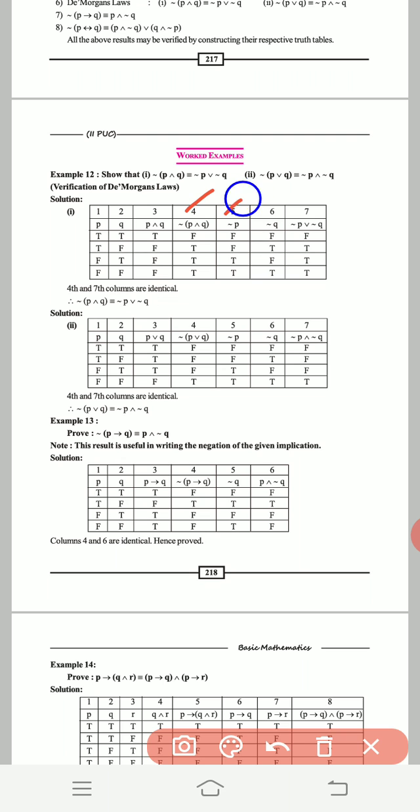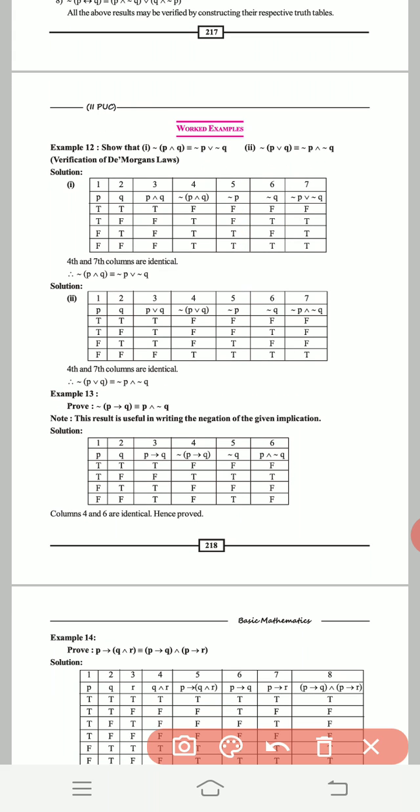Next, negation P or negation Q. First find out negation P. Negation P is false, false, true, true. Negation Q is false, true, false, true. Okay, these two are connected by the symbol OR. We have to find out negation P or negation Q: false, true, true, true.